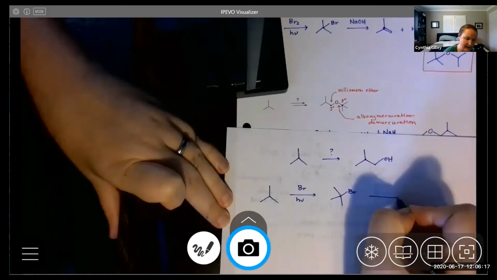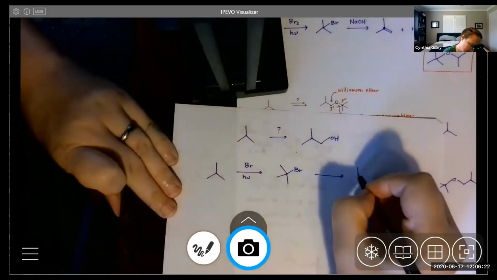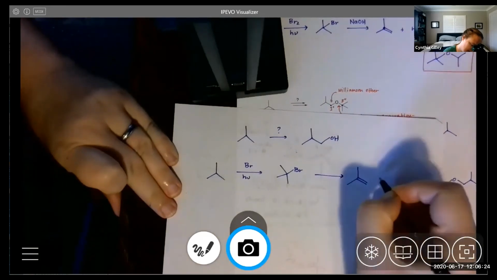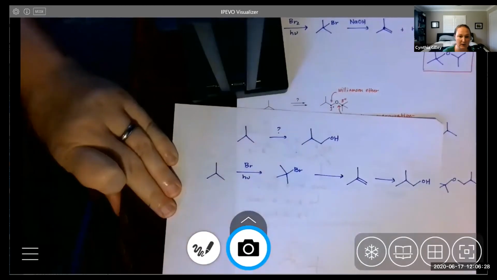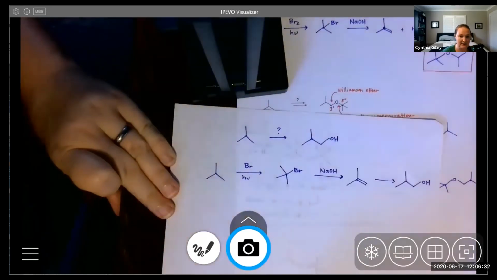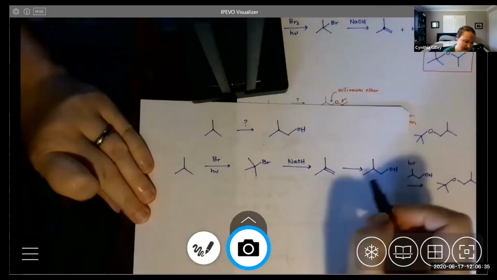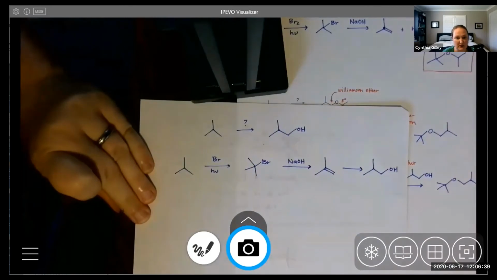And if I want to do that, I have to do an elimination followed by an addition reaction. So I need to make the alkene anyway. Then I could go from the alkene to the alcohol. So I need to make the alkene with the base, do 2. And then this is an anti-Markovnikov hydration reaction.